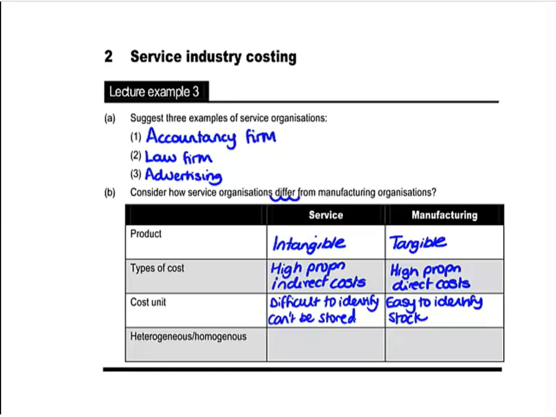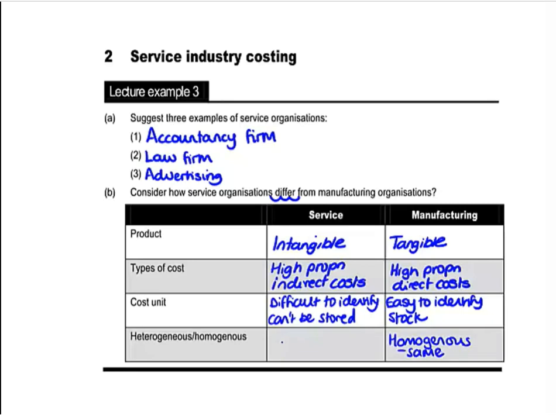The other thing then is that when we're thinking about services and manufacturing, we need to consider the distinction between those products that are homogeneous, so all the same, which is going to be the case in manufacturing. If we're mass producing, all of the items that come off the production process will be the same.